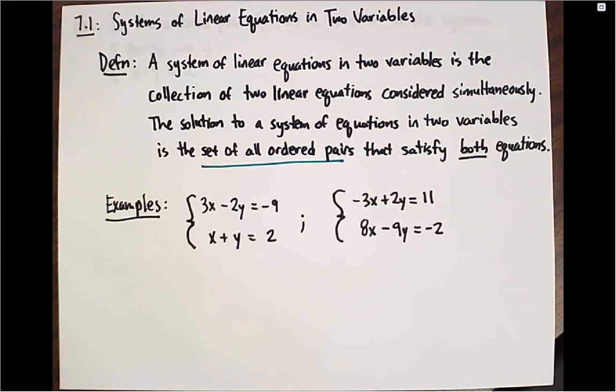But these can be solved by graphing. These are both linear equations. I could graph both of these lines on the same coordinate system, and then one of three things will happen. Either it'll be 2 lines that cross at a point, or it'll be 2 lines that never cross, or it'll be the same line twice.